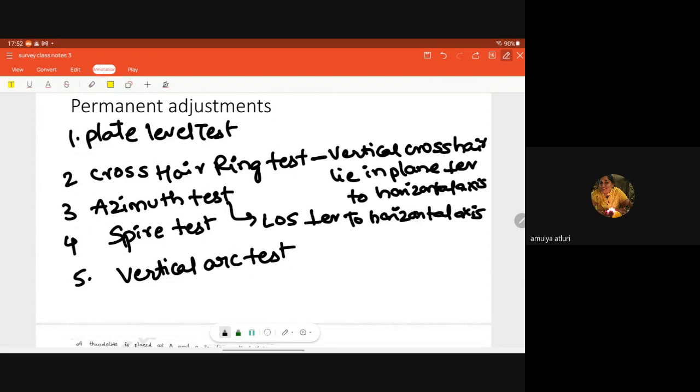Spire test: to make the horizontal axis perpendicular to the vertical axis.